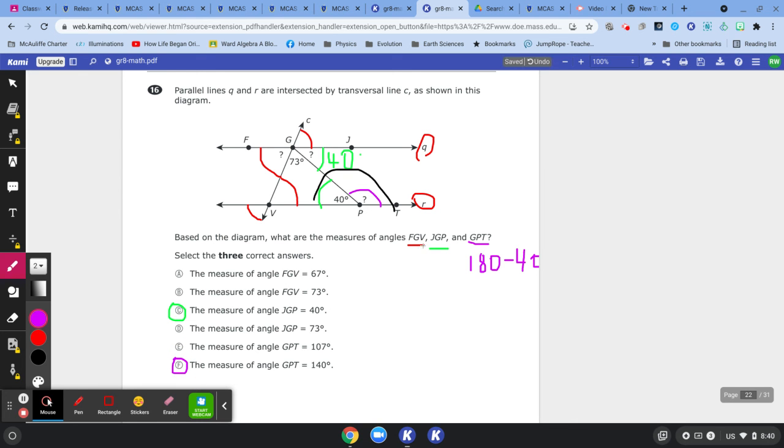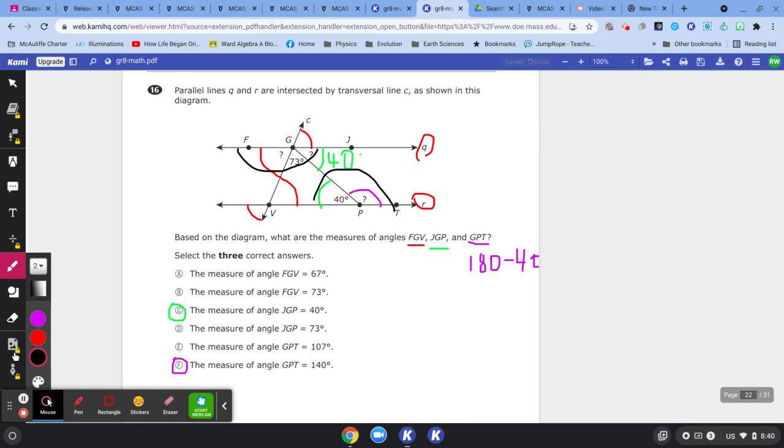Now we just need to find FGV. There are several ways to do it, but one way is to notice once again that we have 180 degrees. This is a straight angle, and that 180 degrees contains 40 and 73 degrees and some unknown.